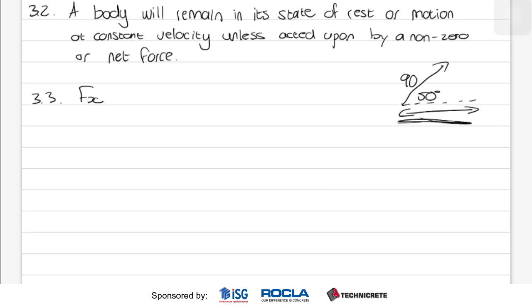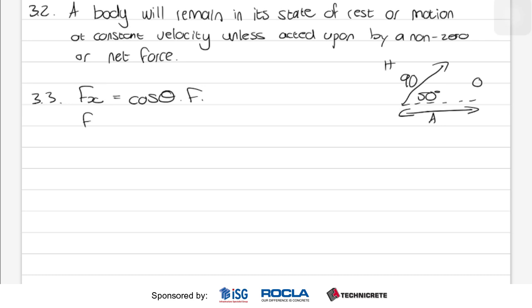Horizontal component. Remember, x here, y here. So, sorry, for our Fx, if we go our hypotenuse, our adjacent, and our opposite, we want this horizontal x, so we need our cos theta times our force.